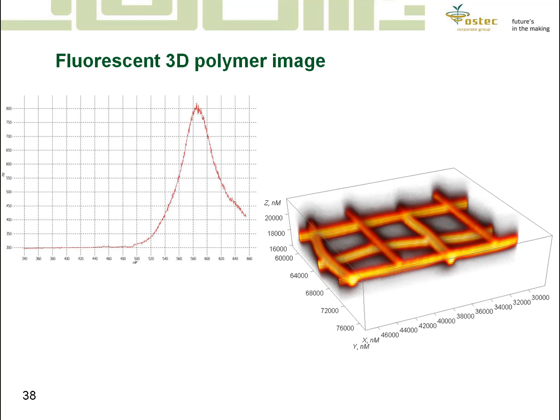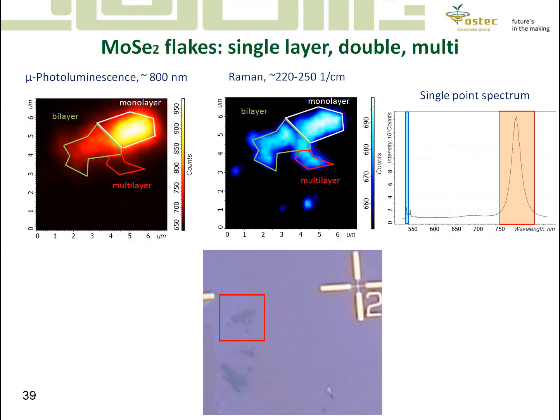On this image you can see a fluorescence 3D imaging. So not only Raman can be done with the same system, but also fluorescence, because it has a spectral range also in the same positions where Raman peaks appear. And simultaneously it's also possible to perform Raman and fluorescence imaging.